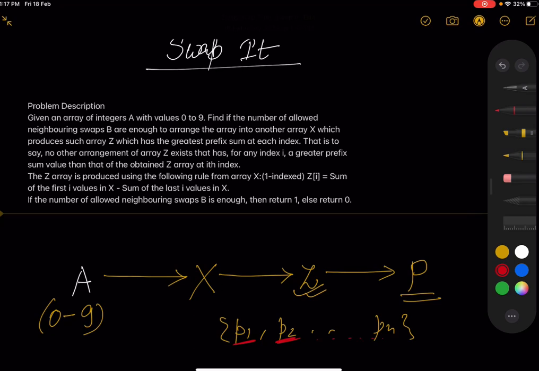For any index i, Pi should be the greatest of all the possible P's. So of all the arrangements of X which can produce Z and from there P, all the elements of this array P should have as high a value as possible.